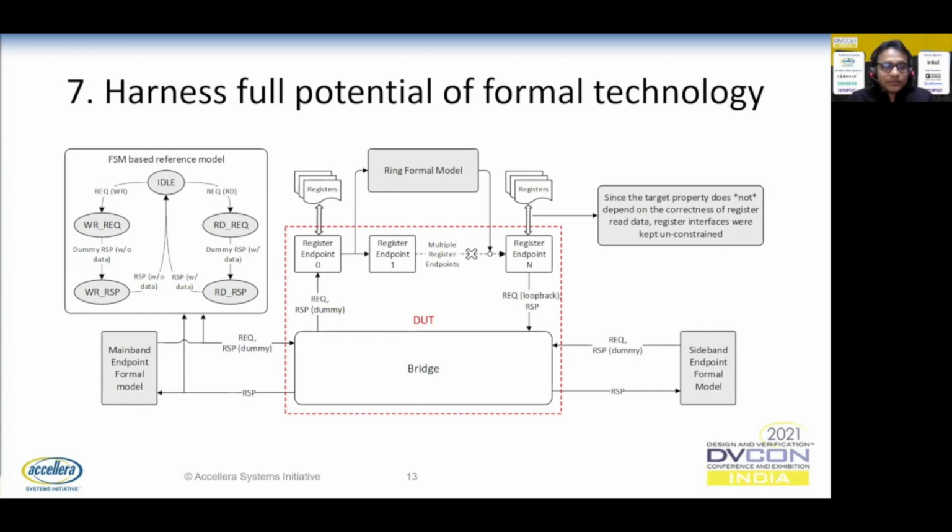For example, in the figure on the slide, we started at the interface between the main band endpoint and the bridge, but then we enhanced the entire setup to include the bridge as well as all the register endpoints as part of the DUT and construct a comprehensive end-to-end formal verification environment to make sure that at least in this part of the design, we don't have any bugs left.